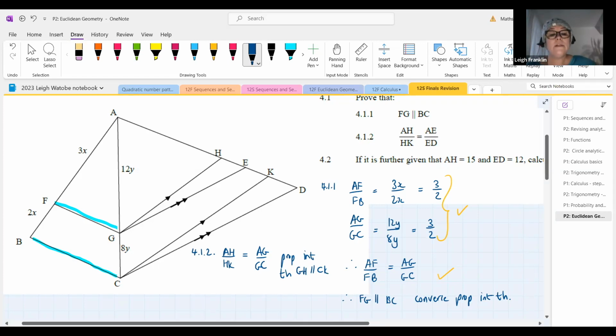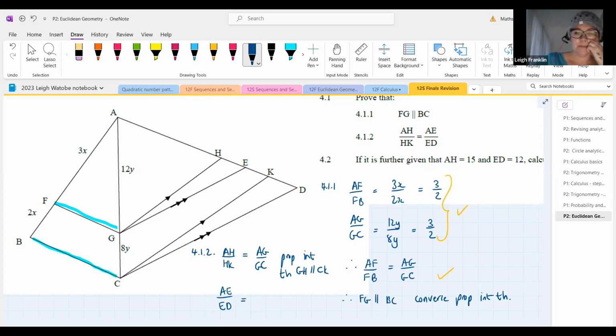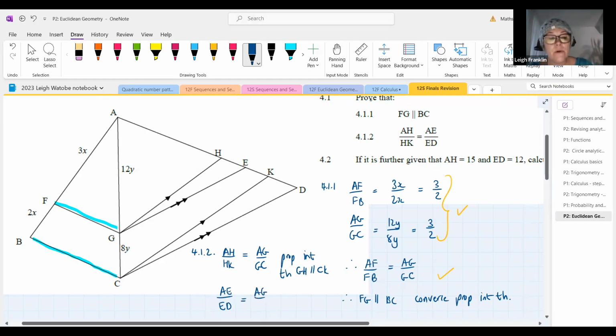What does AE over ED equal? Staying in the same triangle, what does AE over ED equal, guys? Exactly. It's also AG over GC. Good, well done. And for the same reason, proportionality intercept theorem, except now we've got different parallel lines.